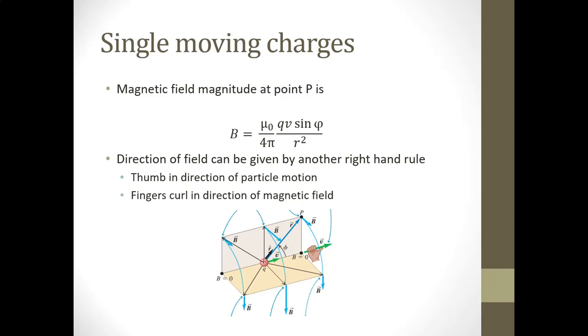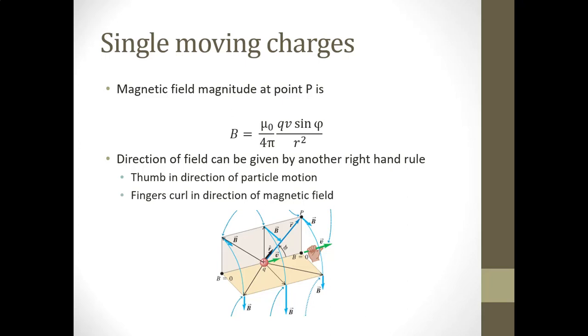The direction of that field can be given by the right-hand rule. If you put the thumb of your right hand in the direction that a positively charged particle is moving, your fingers curl in the direction that the magnetic field is produced. So if you have something moving to the right in this case, the magnetic field looks like it goes out on top of it, down in front of it, in on the bottom of it, and behind it looks like it's going to go up.